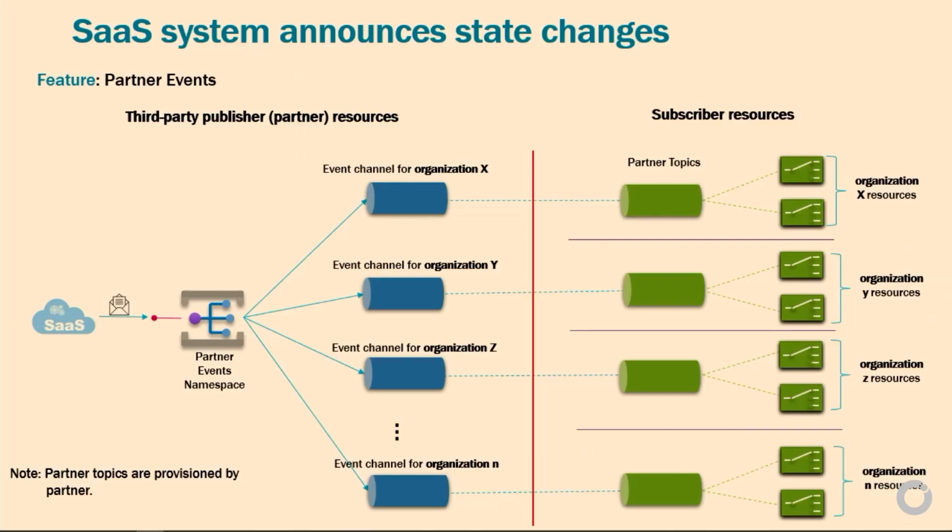How does it look? The topology is that, let's start with the right-hand side, the green resources, which is what a consumer, a subscriber, a customer will get. I, as a customer, still get that topic where the events land, and where I can create event subscriptions and start receiving events. On the partner side, in order to publish events, I have some infrastructure deployed in my own subscription.